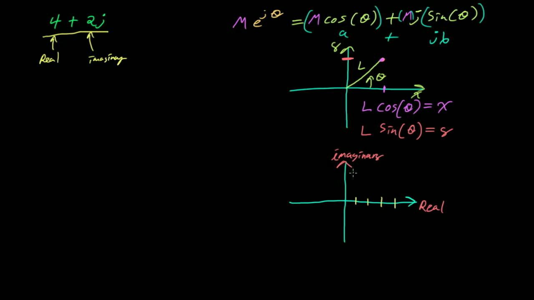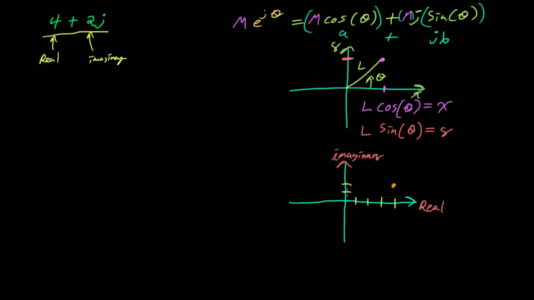And then I've got 2 imaginary units, so I go positive 2 in my imaginary direction. If I plot that complex number on my real imaginary axis, it would come out right there, because I've gone over 4 units in the real direction and up 2 units in the imaginary direction. That is where my complex number falls on my real imaginary axes.